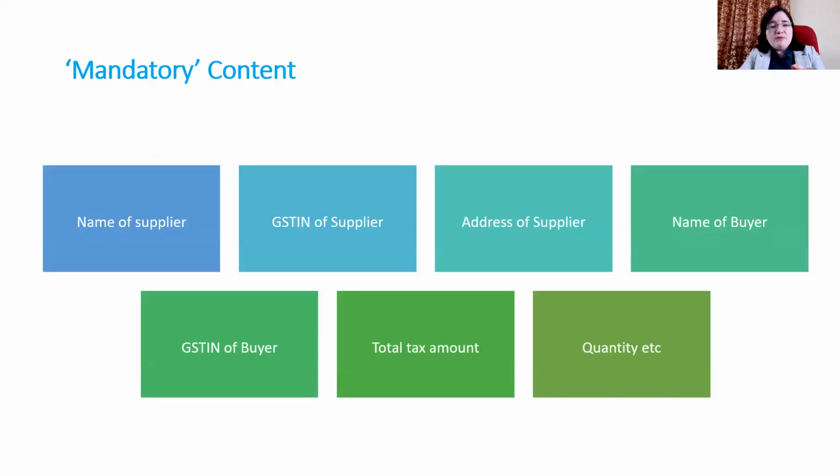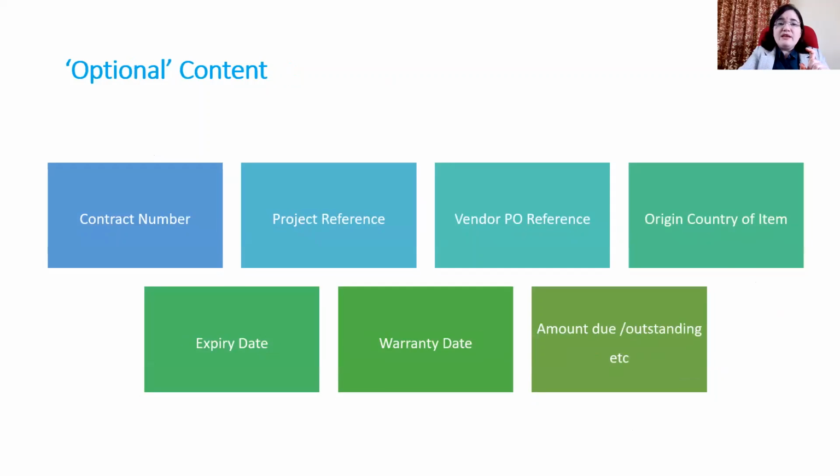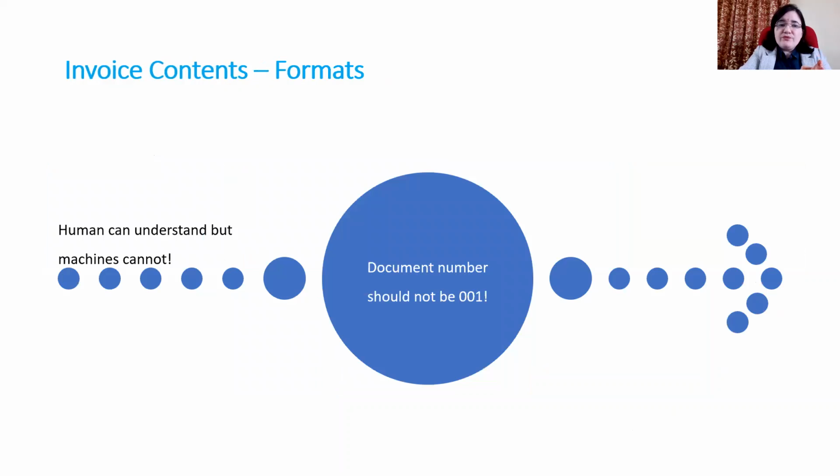Some of the mandatory parameters are name of the supplier, GSTN of the supplier, address, name of the buyer, total tax amount, and quantity. Similarly, there are certain optional parameters given in the schema, which are contact number, project reference, and vendor. These parameters you could give or not, it's up to you.